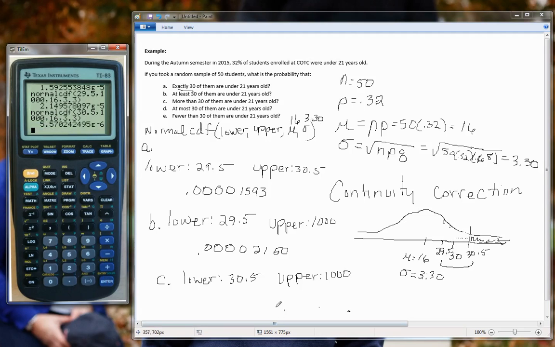Okay, so here we need to move 6 decimal places, so it's going to be 0.000, 1, 2, 3, 4, 5, and then 5, 5, 7. Okay, so here we have exactly 30, at least 30, and more than 30.